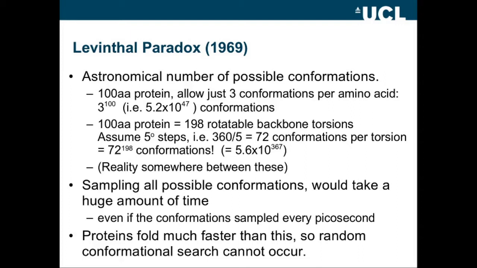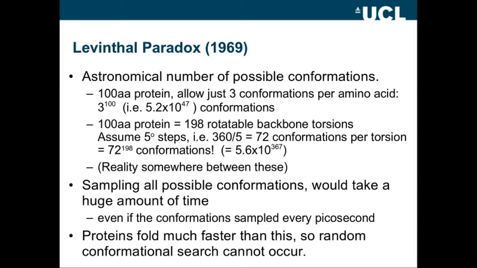Now let's take another sort of extreme based just again on the backbone. 100 amino acids are going to have 198 rotatable backbone torsions. Those are the phi and psi angles. So if we assume we can make 5-degree steps around those, then every torsion angle would have 360 divided by 5, which is 72 conformations. So that means on that basis we would have 72 to the power of 198 possible conformations, which is 5.6 times 10 to the 367.